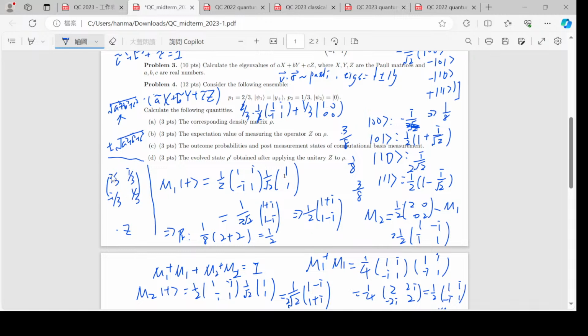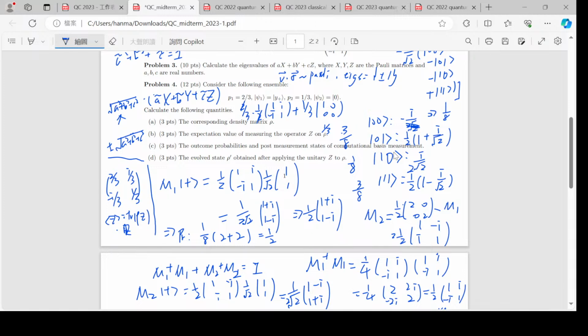And so when you take the trace, you have 2 over 3 minus 1 over 3, so this should be 1 over 3. Hopefully I didn't get the calculation wrong, because I didn't check the answer. But anyway, that's the idea. So it's 2 over 3 minus 1 over 3. That's the expectation value, trace rho z.